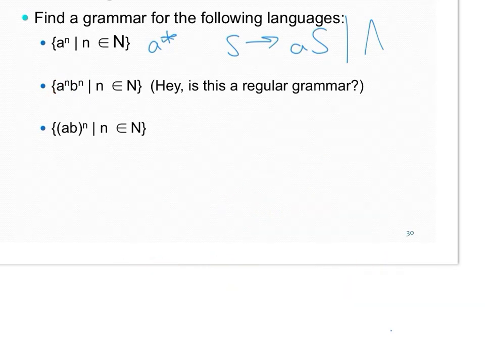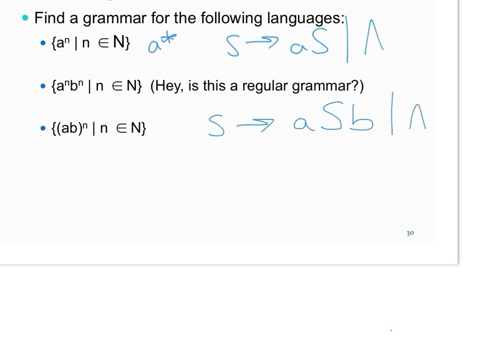Okay. So what we need is the same number of a's and b's, but we need them to bubble out from the middle, right? So our rule is going to look something like this. We're going to say S goes to aSb, so every time we put that S in, the a's are on the left and the b's are on the right, or lambda.